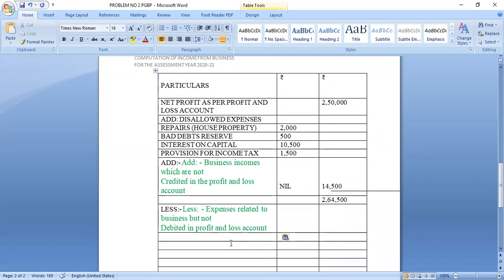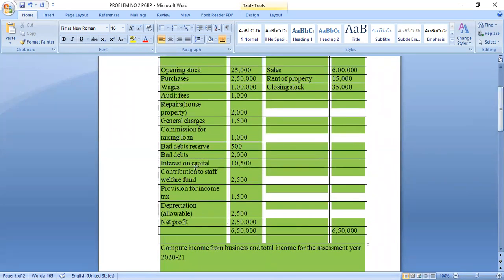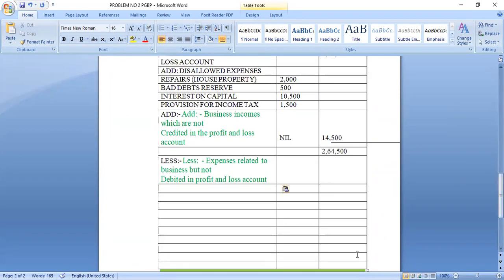Those expenses which are related to business but not debited in the P&L account, no information is there in the problem. There are no such expenses. So no information is given. So we'll take nil. Nothing is there.